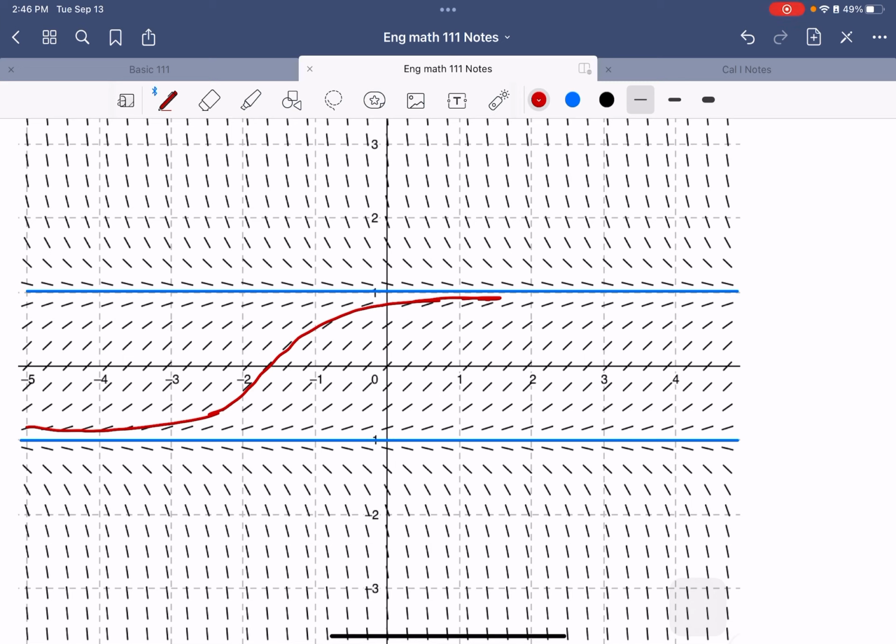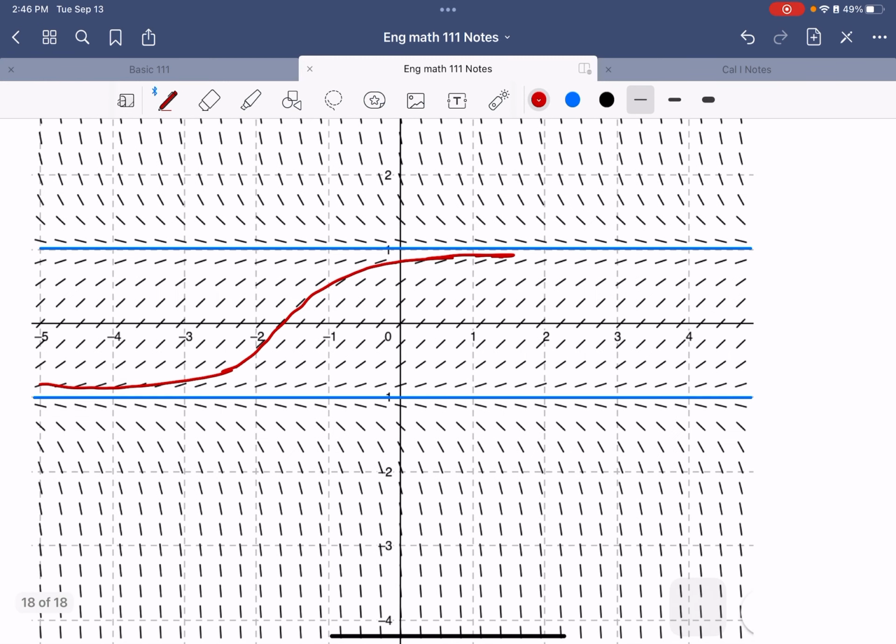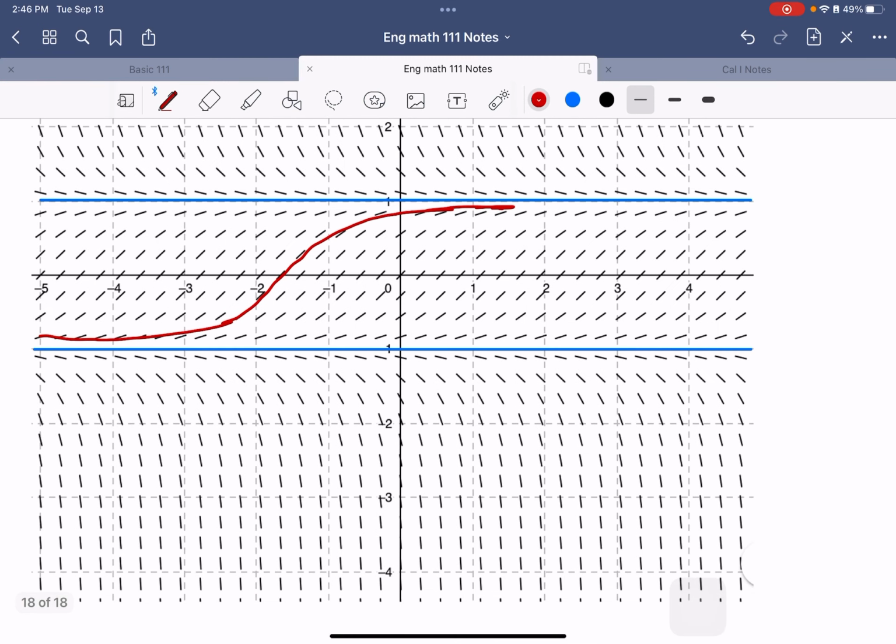Look at the bottom too; we can shift the curve left to right and it has the same behavior.